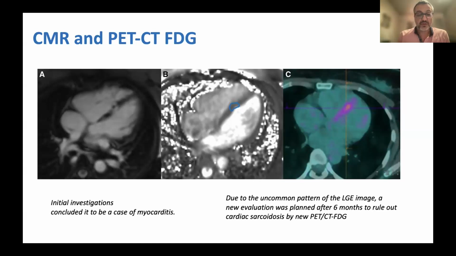Initial investigation concluded it to be a case of myocarditis, but because of the uncommon pattern of late gadolinium enhancement and the clinical presentation, we decided to plan a new evaluation after 6 months to rule out cardiac sarcoidosis with a new PET FDG.